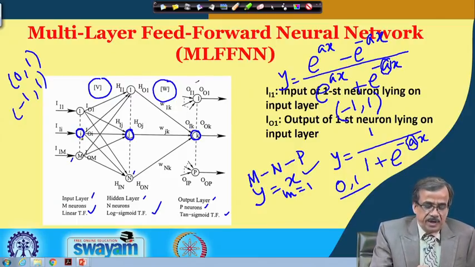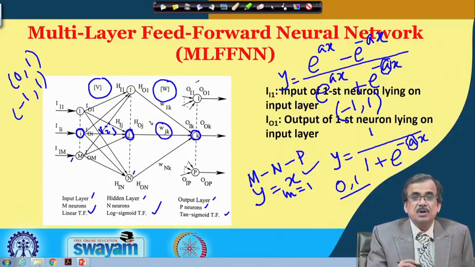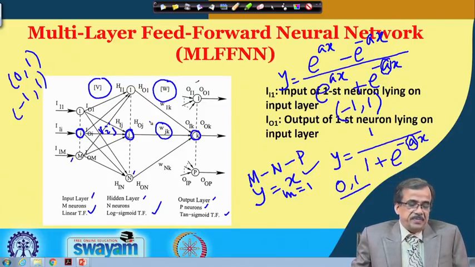So, the connecting weight between i and j is denoted by V i j, and the connecting weight between j and k is W j k.